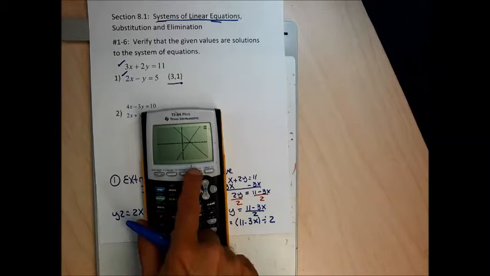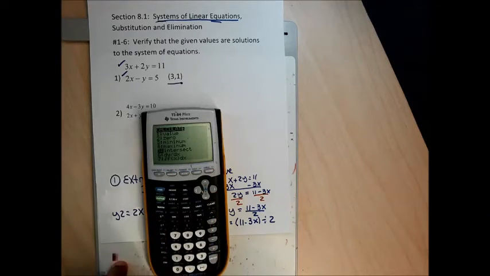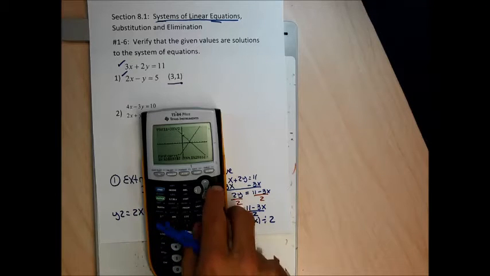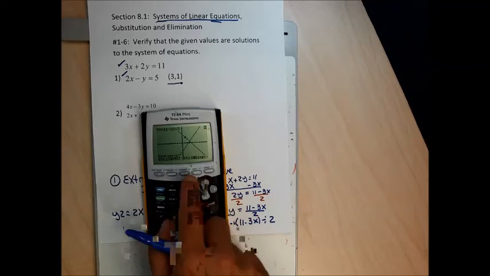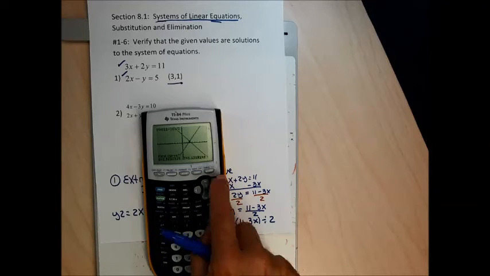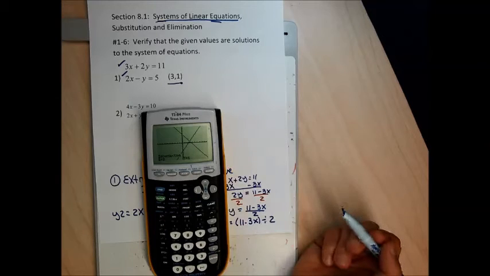understanding. I could go second and hit the trace key, go down to intersect, and then trace kind of close to that intersection point and just hit enter 3 times. So I did second, trace, went down to intersect, and I'm just going to trace close to the intersection, and I can be really careless and just get close to the intersection, hit enter 3 times, and it tells me those intersect at (3, 1).